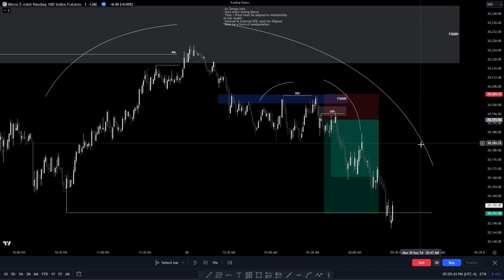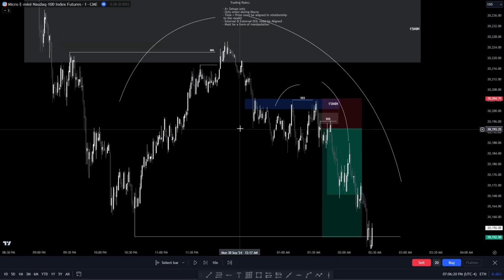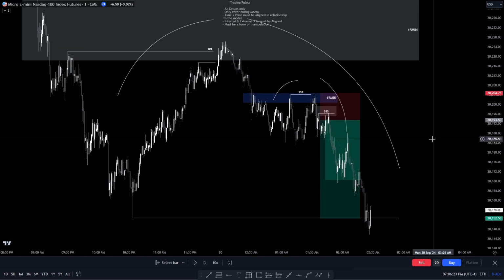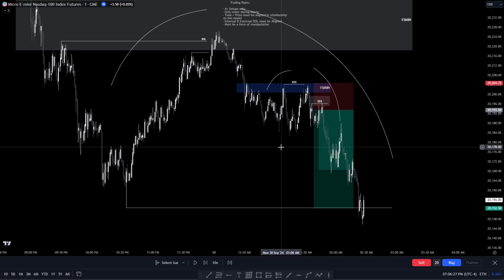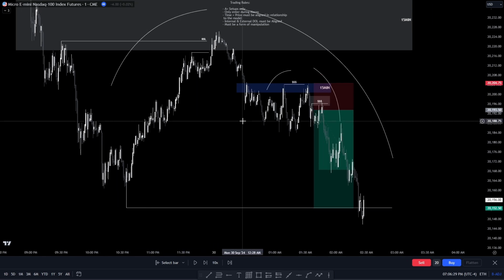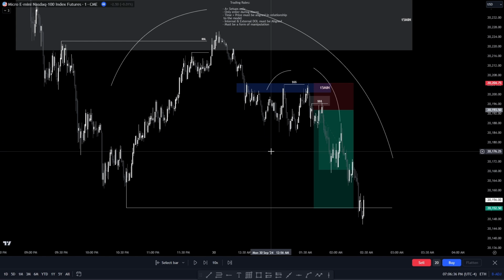These are my rules right here. And I will make a separate video on that for you guys, but I just wanted to let you guys know. Literally everything ICT has taught, you can find in a market maker model. Everything that he has taught. Inverse fair value gaps, breaker blocks, mitigation blocks, order blocks, sell side, buy side liquidity.